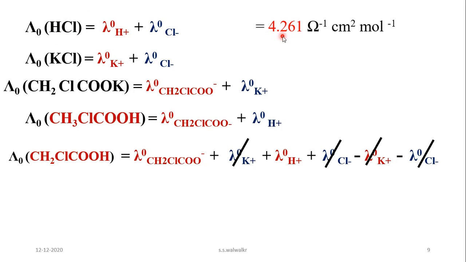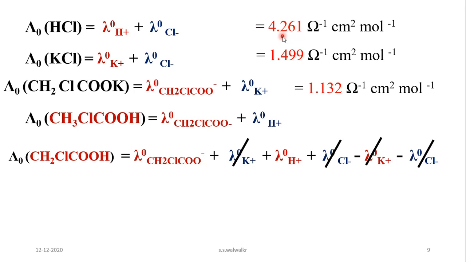What is given here? Lambda 0 of HCl is 4.261, KCl is 1.499 and monochloro potassium acetate is 1.132.